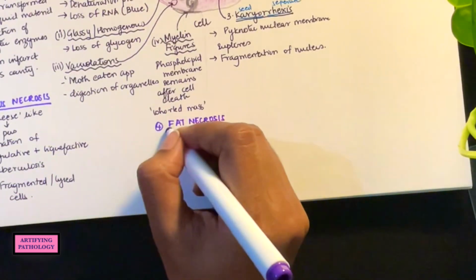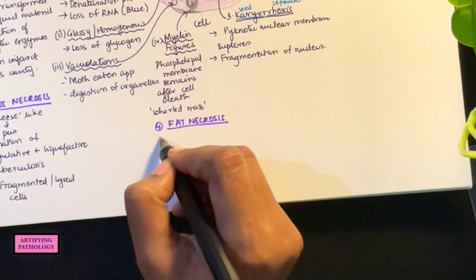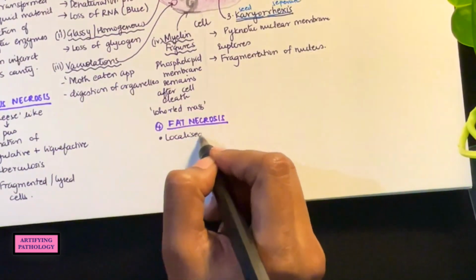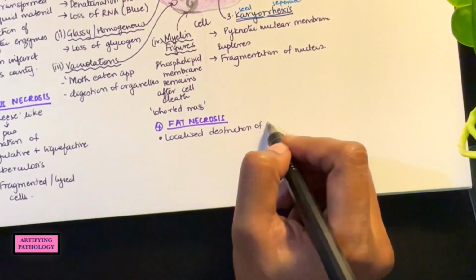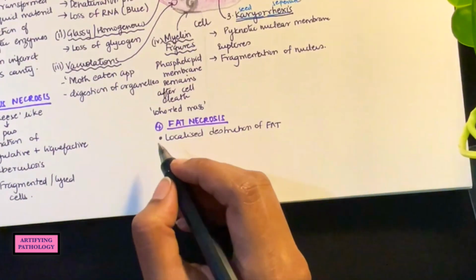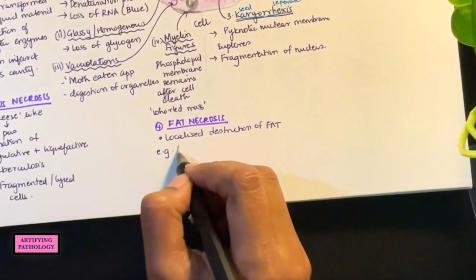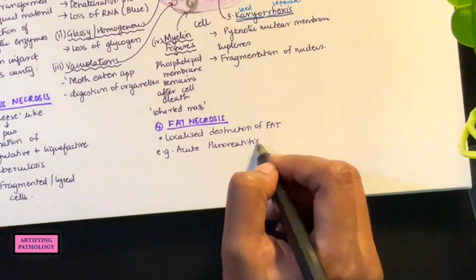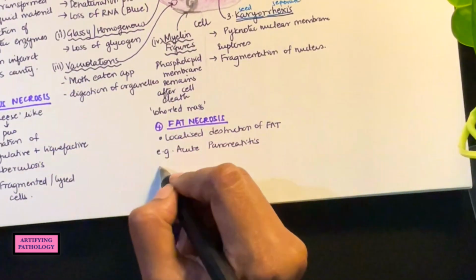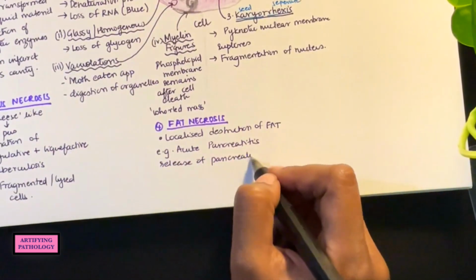The next is fat necrosis. So in fat necrosis, there is destruction of the fat. Example of fat necrosis is acute pancreatitis. So in acute pancreatitis, there is release of pancreatic enzymes.